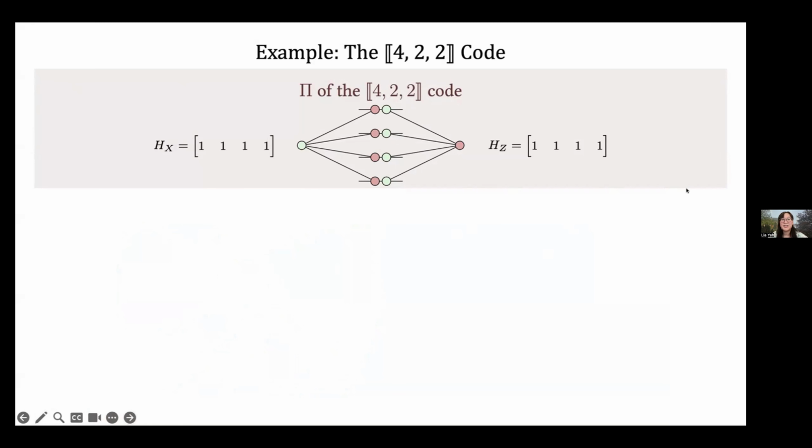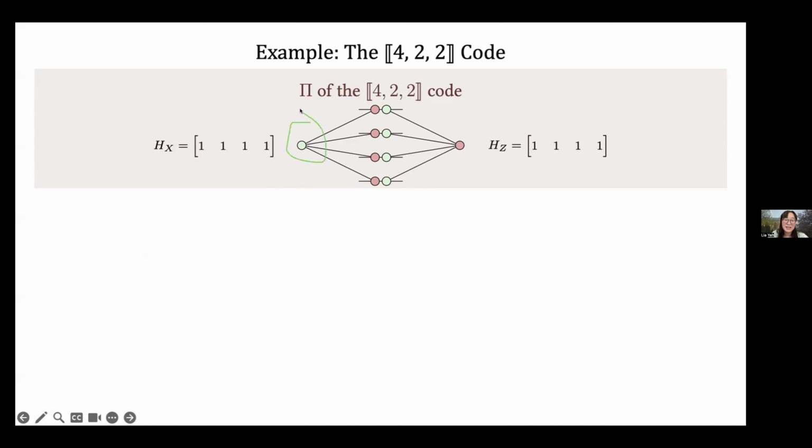For the 422 code, which is maybe the smallest non-trivial CSS code. Looking at the code space projector of the 422 code, there are only 2 rows of the tableau. It's just one X measurement. The X-type stabilizer generator is a Z spider.